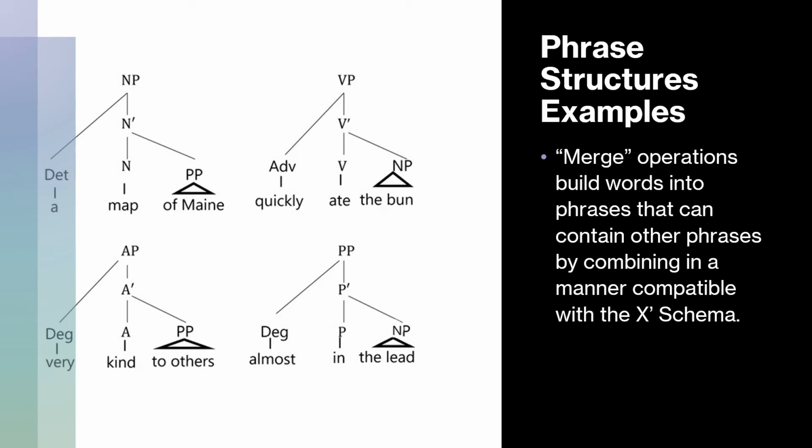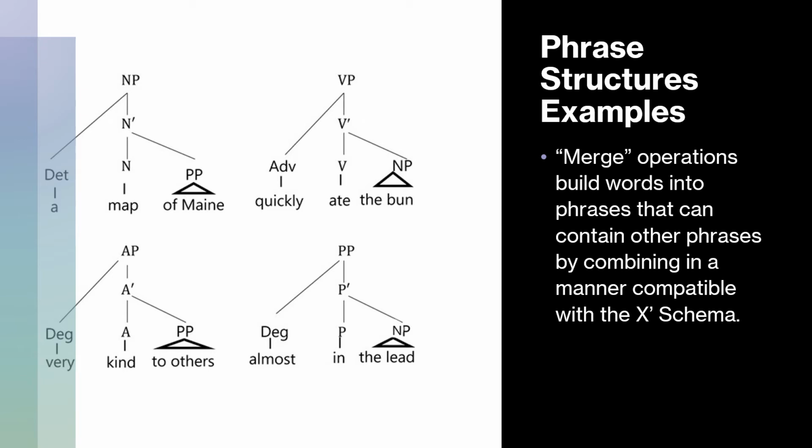We could break that down further because it contains a preposition of and a noun phrase with a noun head, Maine. In other words, this structure shows us how we can merge together not only individual words, but also phrases to create other phrases. So our noun phrase here merges a determiner, a noun head, and a prepositional phrase, which also includes another noun phrase.